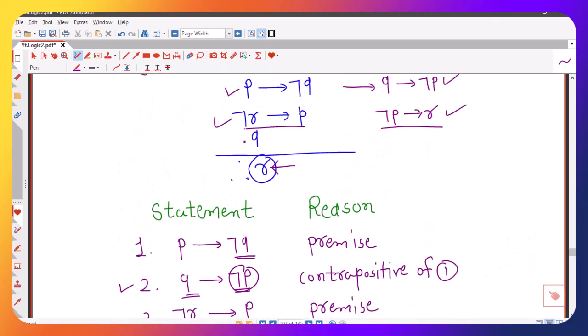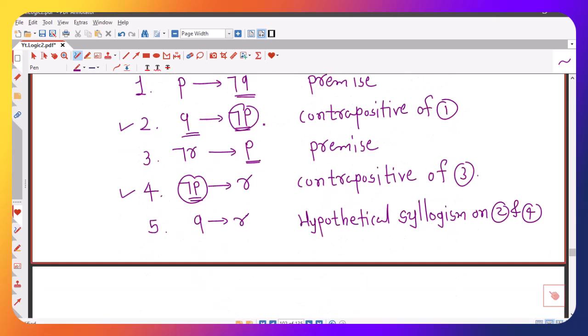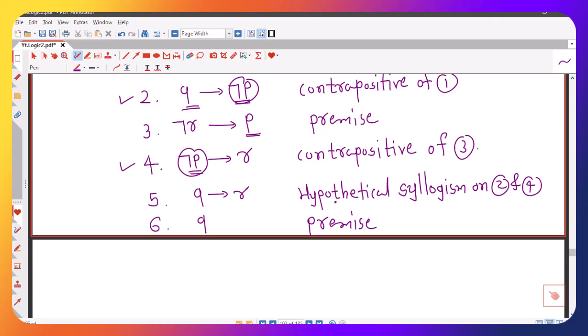And the next premise we have not used is small q, so now we use that premise. Here I am writing Q, I am using a premise, so I have written premise in this column of reason. Now you can think about modus ponens.